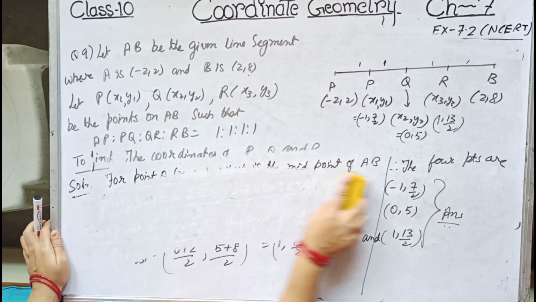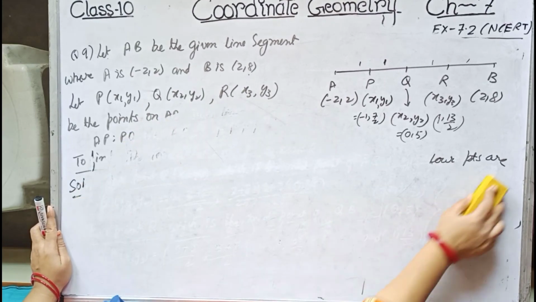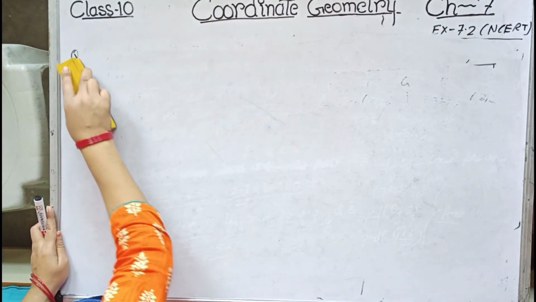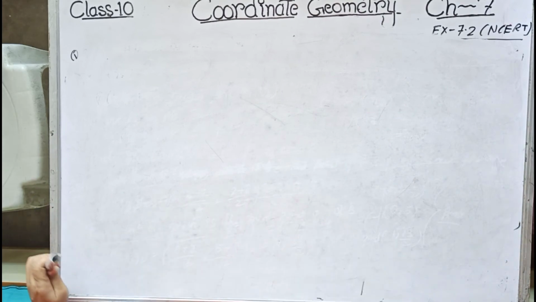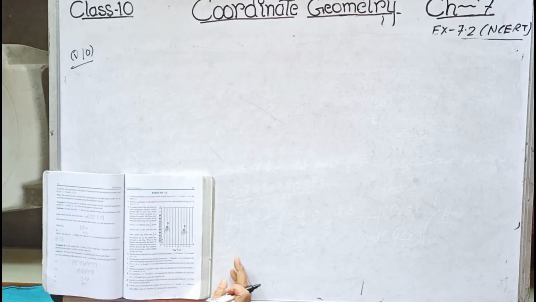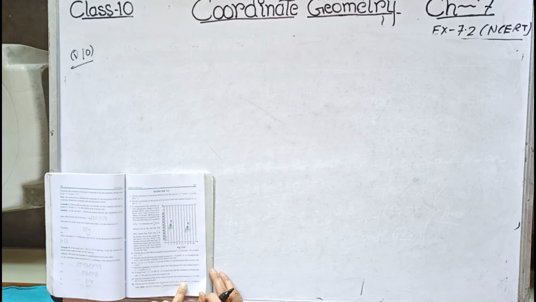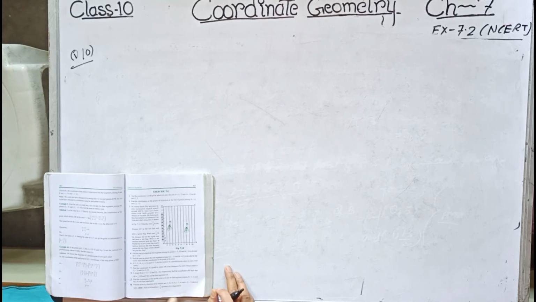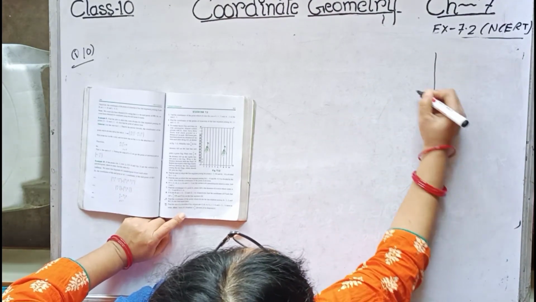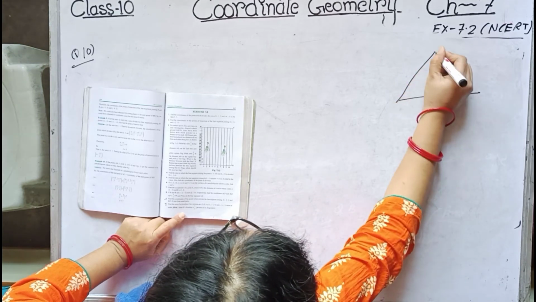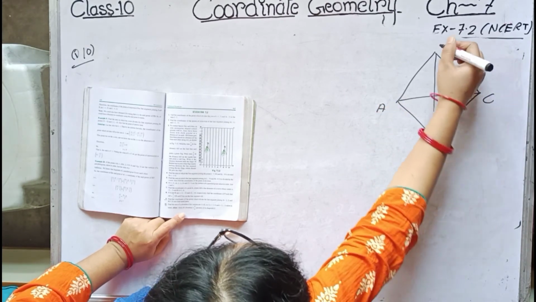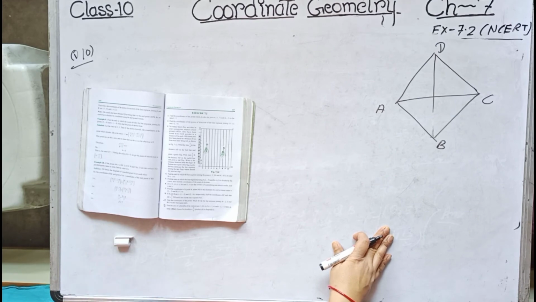Let us move to question number 10. Question number 10 says: find the area of the rhombus if its 4 vertices, taken in order, are given. So a rhombus ABCD is there and the 4 vertices are given in order.